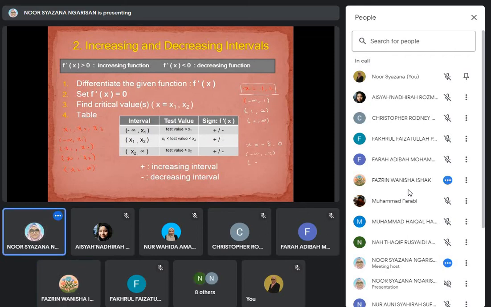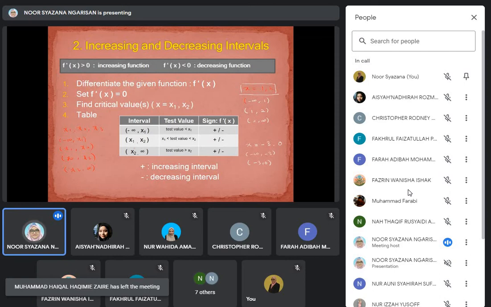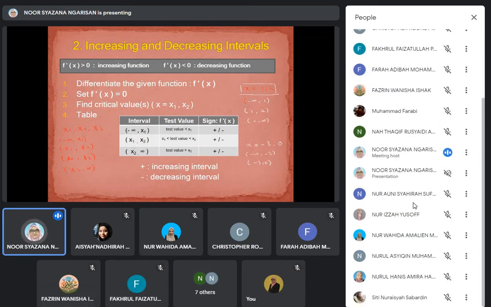Second interval. Negative 3 to 0. Alright, very good. And then one more, Nur Auni Shahira. 0 to positive infinity. Okay, very good. Alright, so itulah dia. From critical values, for the first column, kita akan buat interval. The number of intervals depends on the number of critical values. Macam ni, kalau ada 2 critical values, kita ada 3 interval. When we have 3 critical values, we have 4 intervals.